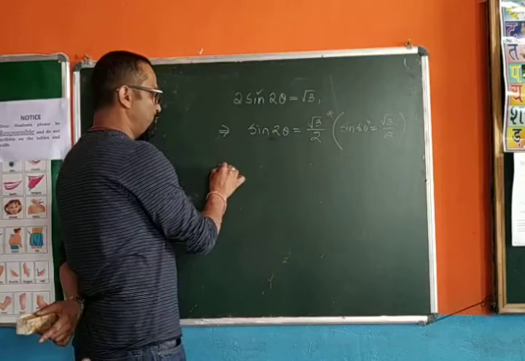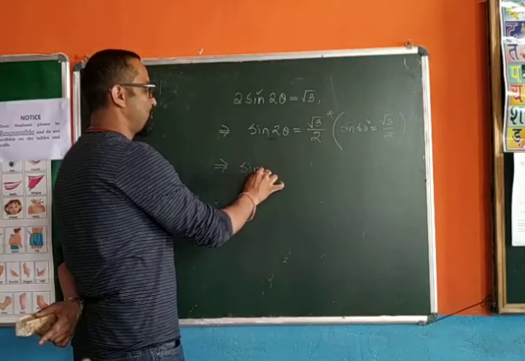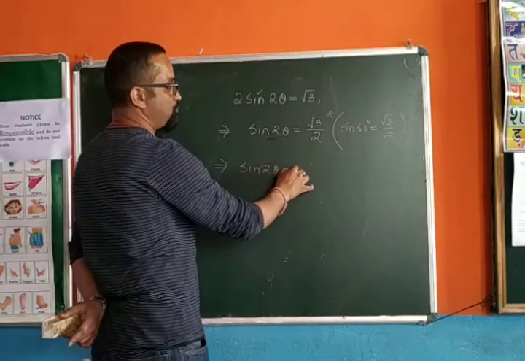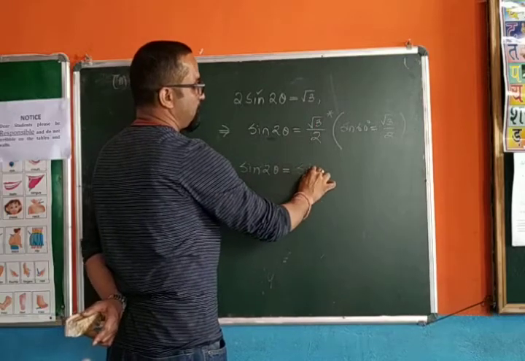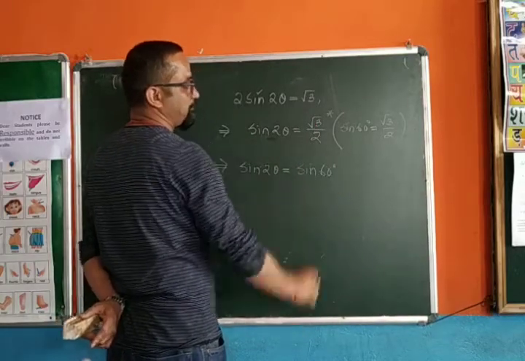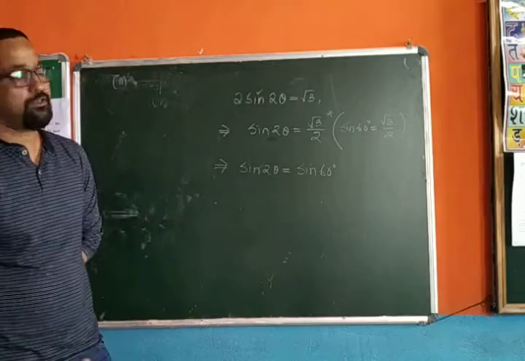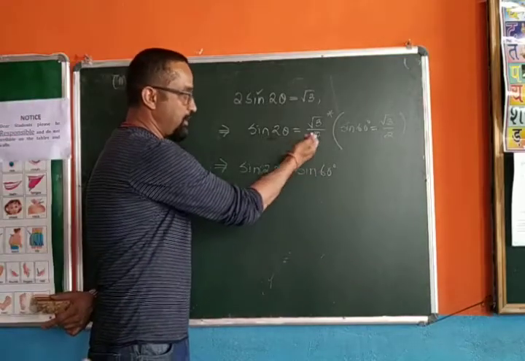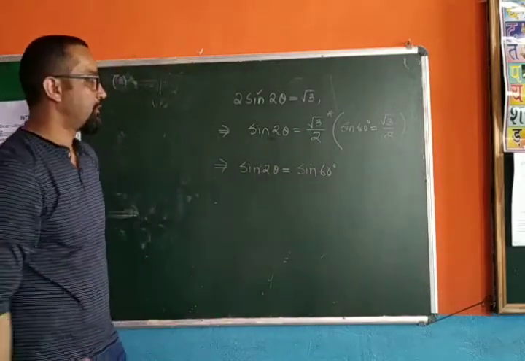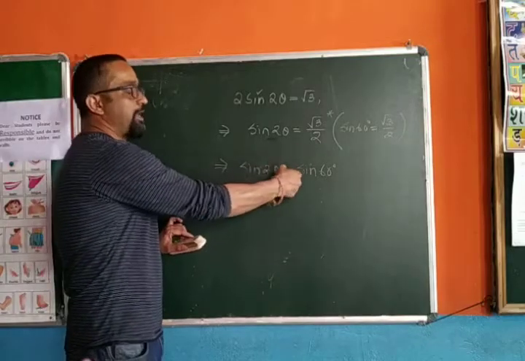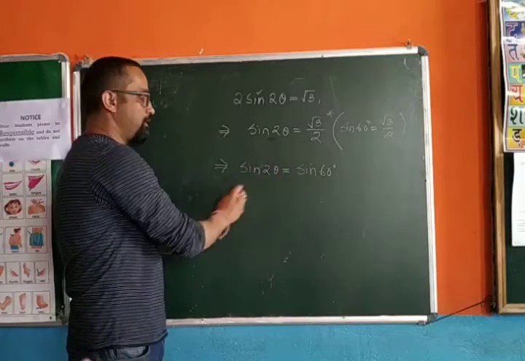So what do we do? We write sine 2 theta is equal to sine 60 degree. Standard angle, sine 60 degree is root 3 by 2. You cannot cancel sine. Sine equal to sine.